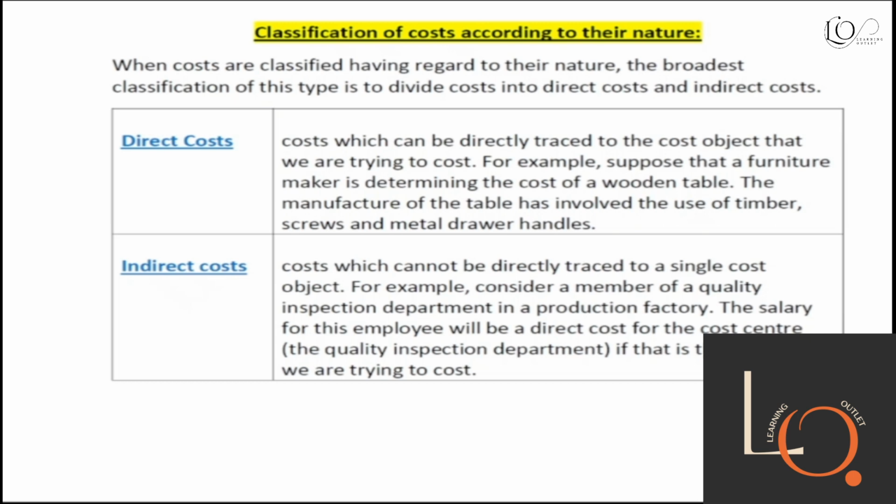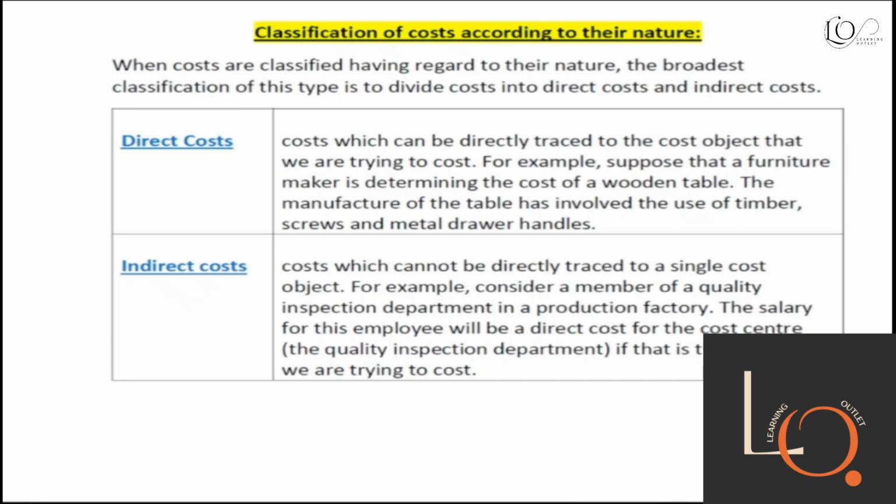Now, direct costs are ones which are directly traced to the cost object. For example, suppose that a furniture maker is determining the cost of a wooden table. Every single cost that will be incurred for the manufacture of that table, for making that table, becomes direct cost.